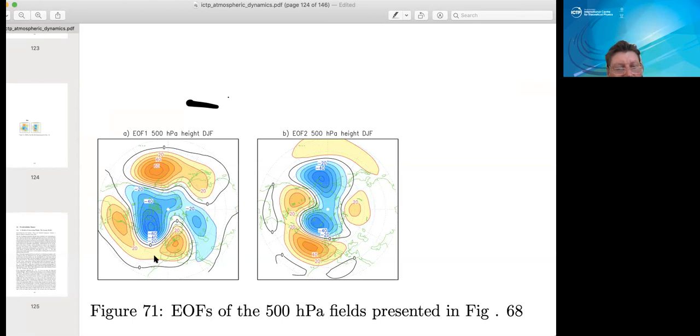But for this first EOF, actually, that is a very well-known pattern. This is called the Arctic oscillation. You may have heard about this in current weather. Or maybe in the North Atlantic part, you may refer to this as the North Atlantic oscillation.